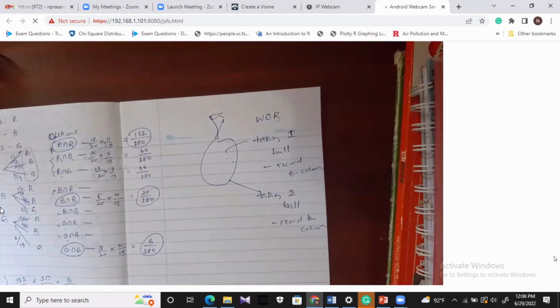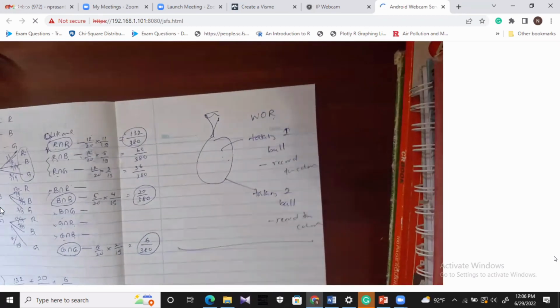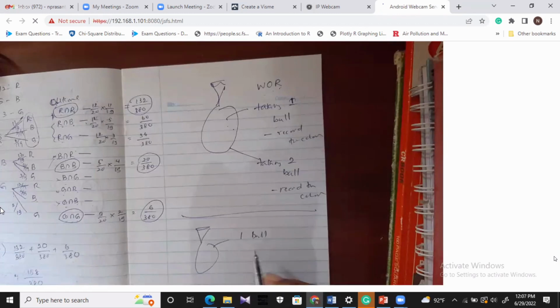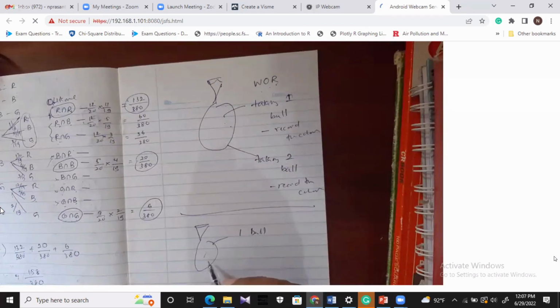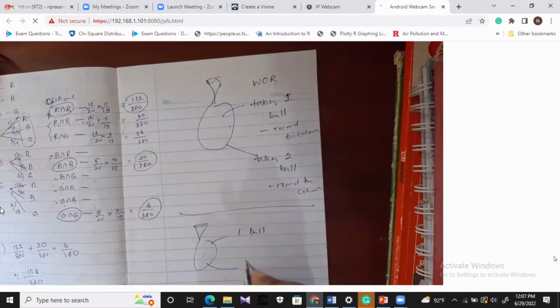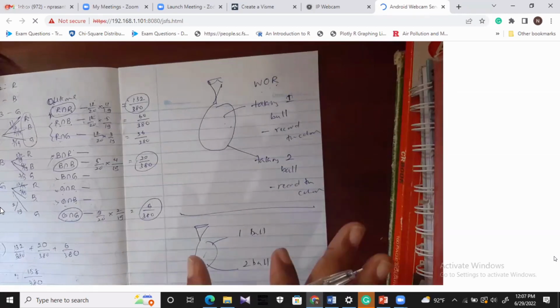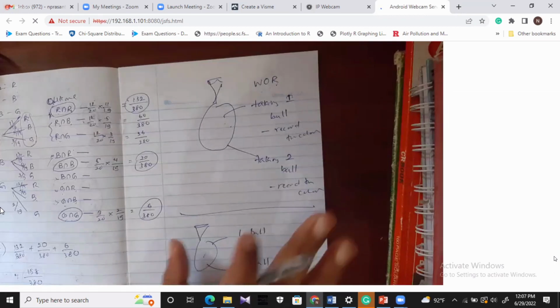Understand? But there are some cases where we take one ball out and record the color, and we put that ball back into the bag. Again, we take another ball, second ball. In that case, when you draw the tree diagram, the possible outcomes are the same. Only the associated probabilities will be changed.